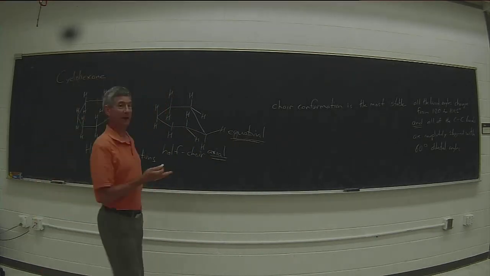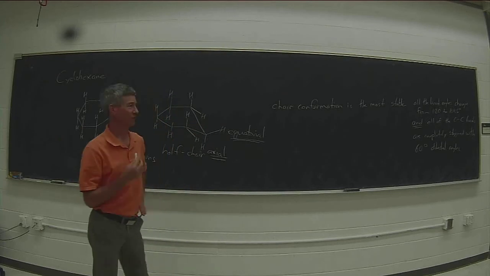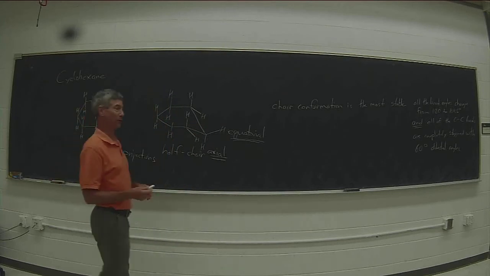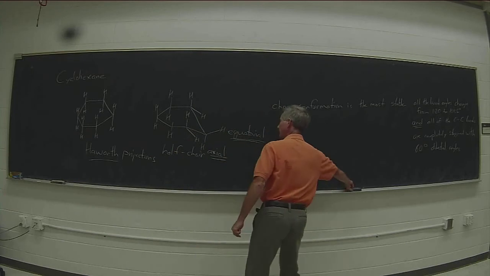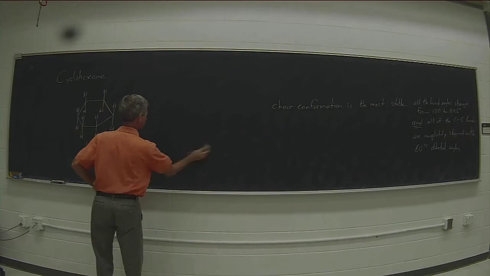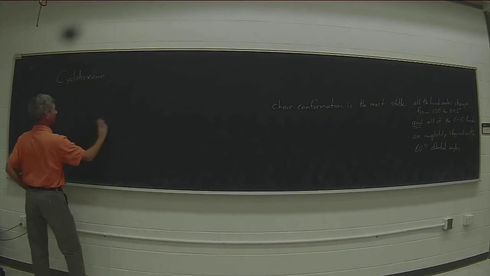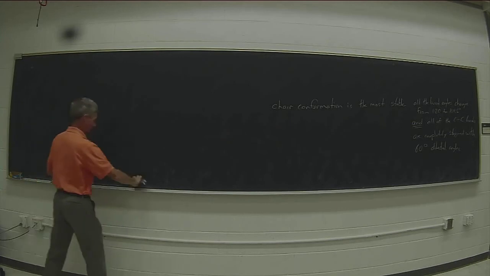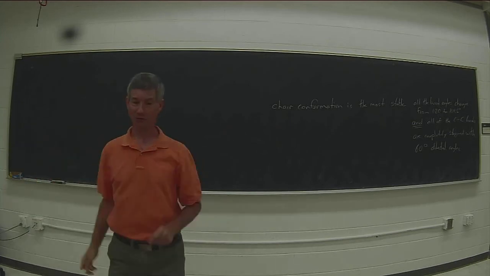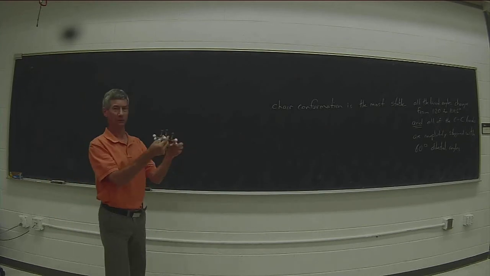So the big question is, how do you successfully draw the chair conformation of cyclohexane? You're going to have to become a little bit of an artist in order to draw these effectively. There are plastic templates that you can buy that have cyclohexane where you can just sketch it, but it's worth learning how to draw it yourself.